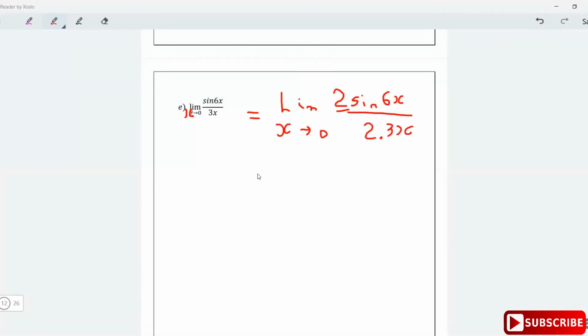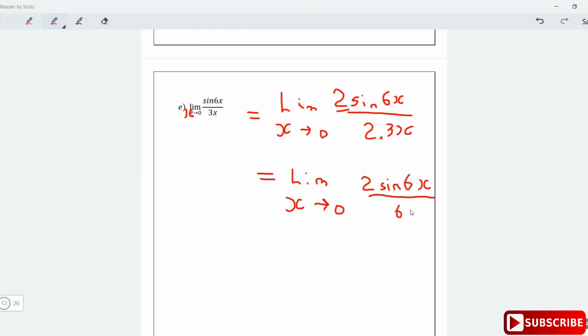So then what this works out to be is the limit as x approaches 0 of 2 times the sine of 6x over 2 times 3x, which is 6x.